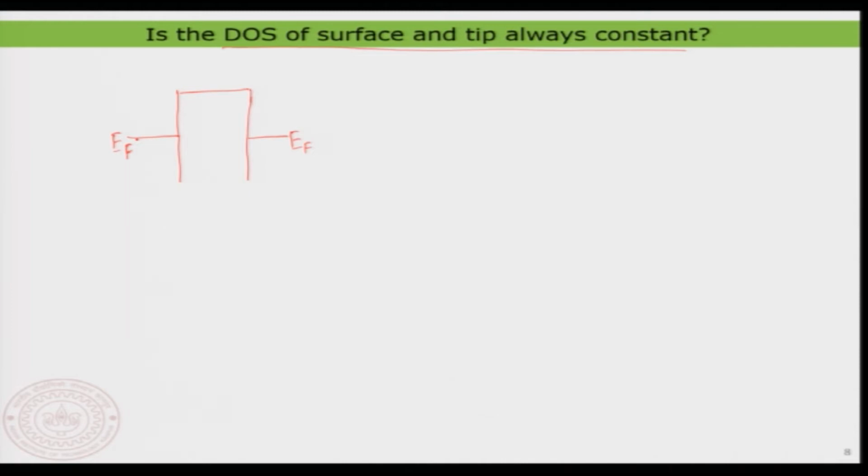So the question is, how does the density of states actually look? Why should the density of states within the band energy diagram be constant throughout the energy space? It is not necessary. You can have variations.